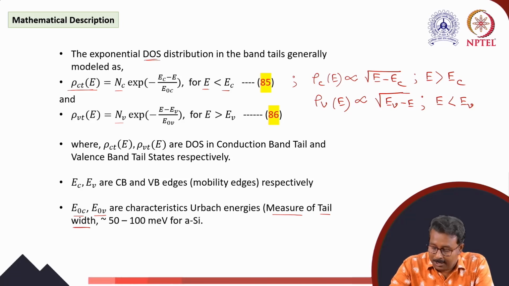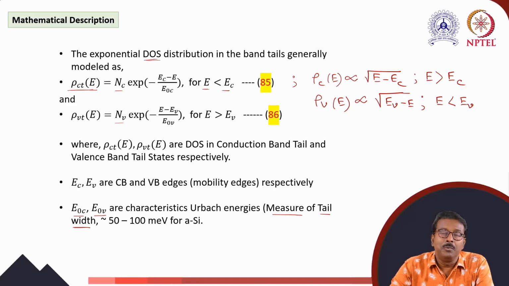Say for amorphous silicon, it varies from 50 milli electron volt to 100 milli electron volt. Also, it is variable, because if you develop amorphous material by a different mechanism and using different machines, you may have different values of E0C, mainly because of different structural disorder.